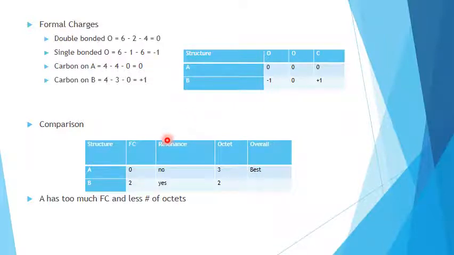What I would like you to do is at least give me reasons on why you think it's the best structure. If you would have picked B as your best structure, you would have to tell me why. Just don't say it's B or A, but give me the reason why. If you say it's B, and you give me reasoning, I'll give you almost full credit for it.